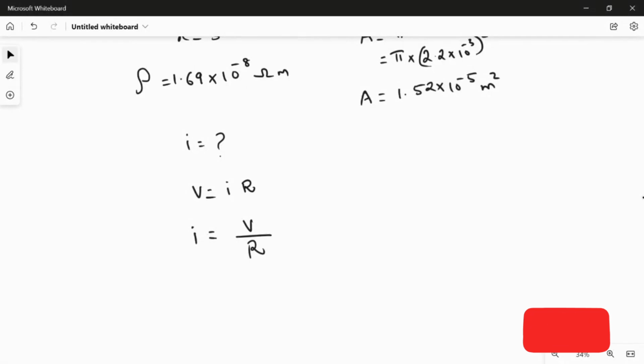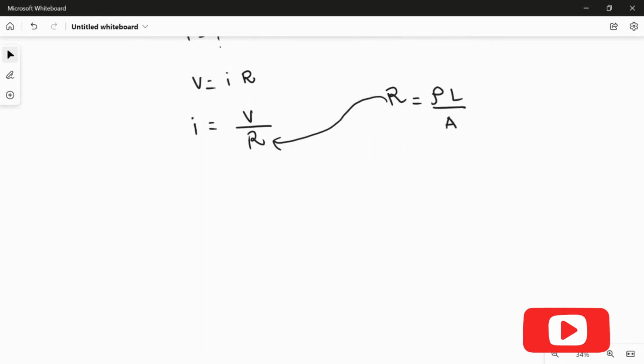Here the voltage is already given in the question, but the resistance we have to find. So how can we find it? In theory we studied that resistance is calculated by the relation rho multiplied by L over area. I am going to substitute this resistance formula into the current expression.